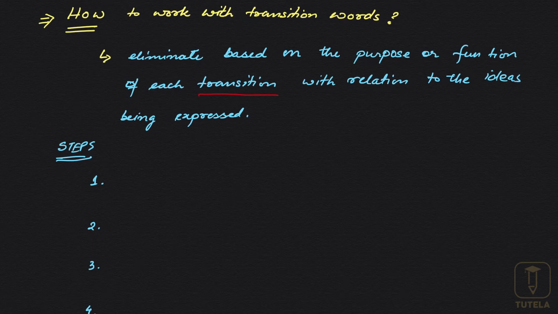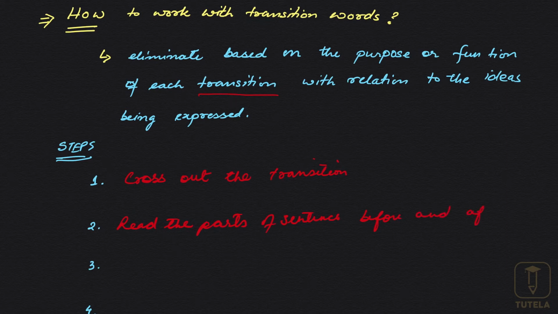The first step is to cross out the transition word in the sentence. The moment you come across a transition word question, cross out the transition word in the sentence, and you need to read the parts of the sentence before and after the transition word.